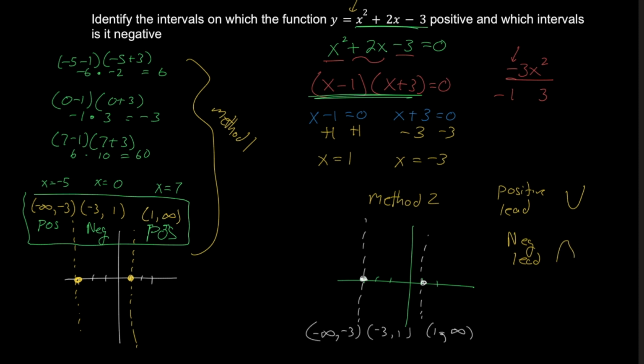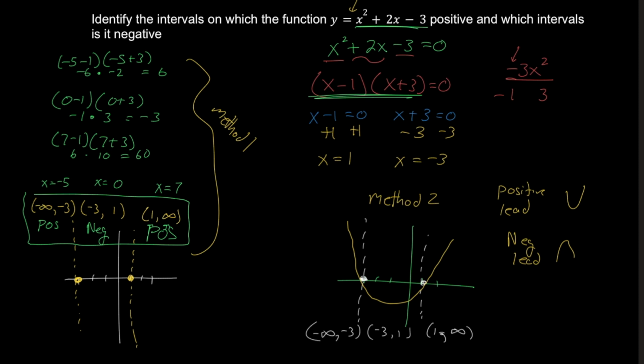In this case, we have a positive leading coefficient, so I have to have a U that goes upwards and goes through both these points. The only way I'm going to do that is like this. Now, this part here might be longer or shorter, and these might be steeper or less steep, but this is the only way I could draw it so that the U goes through both those points.